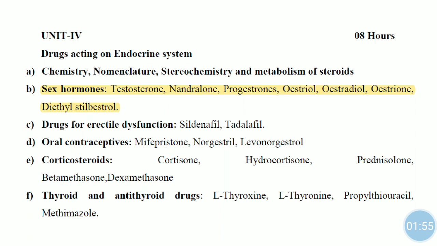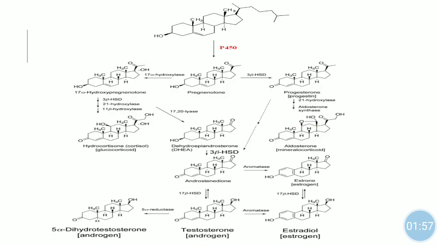Okay, so now let us start our discussion from where we left off. I have once again displayed here the biosynthetic route of the different steroidal hormones in the human body, which starts from cholesterol, then is converted into pregnenolone, and that pregnenolone is converted to progesterone, and so on.